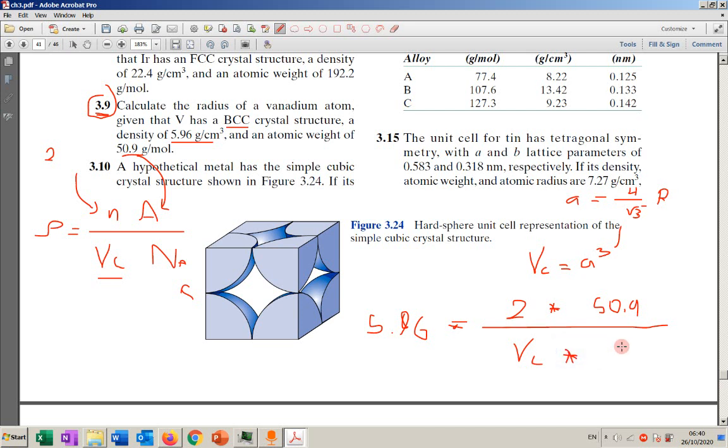Avogadro number is atoms per mole, 6.022 times 10 to the power 23.